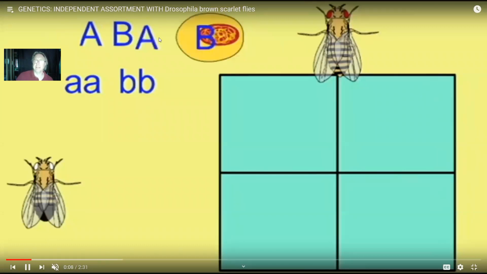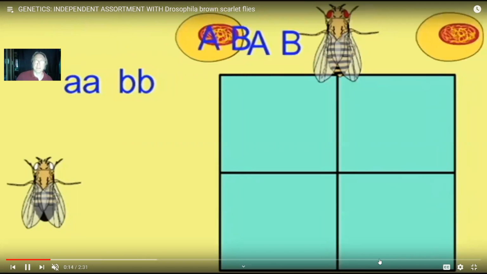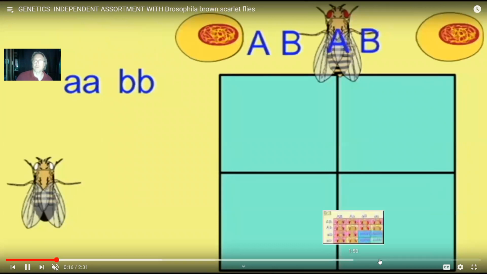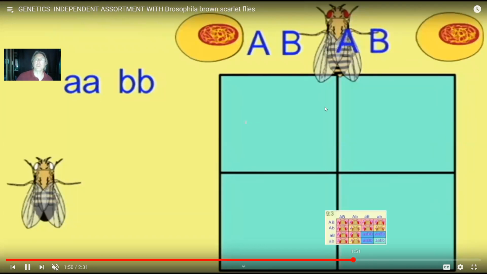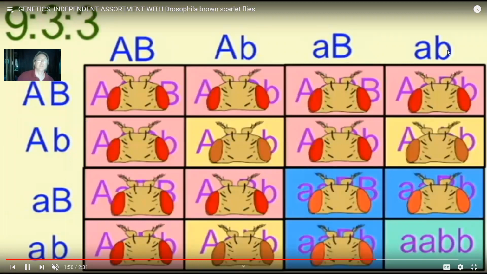If they did, then this fly's offspring would then always have both dominant alleles and always have red eyes. But it turns out that the A can travel separately. Notice that not every big A is with a big B. Note that not every little a is with a little b.